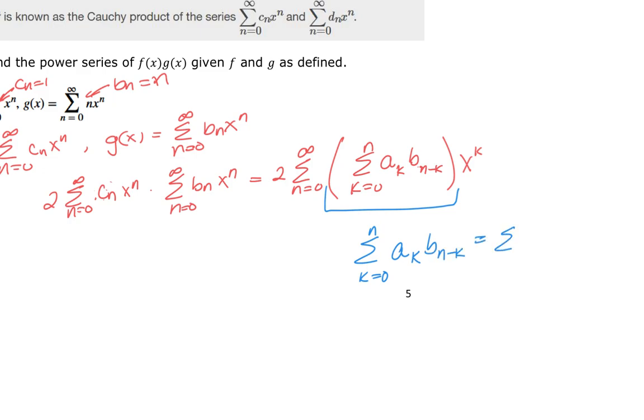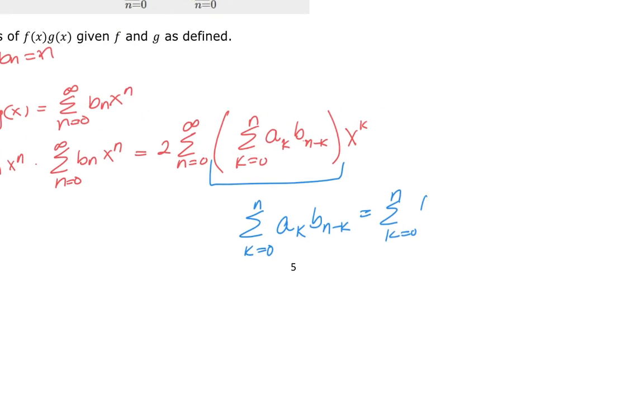This is going to be the summation of k equals 0 to n of just k, because that's how it's going to work for the multiplication, which is just going to be equal to the summation of m equals 0 to n of just m.